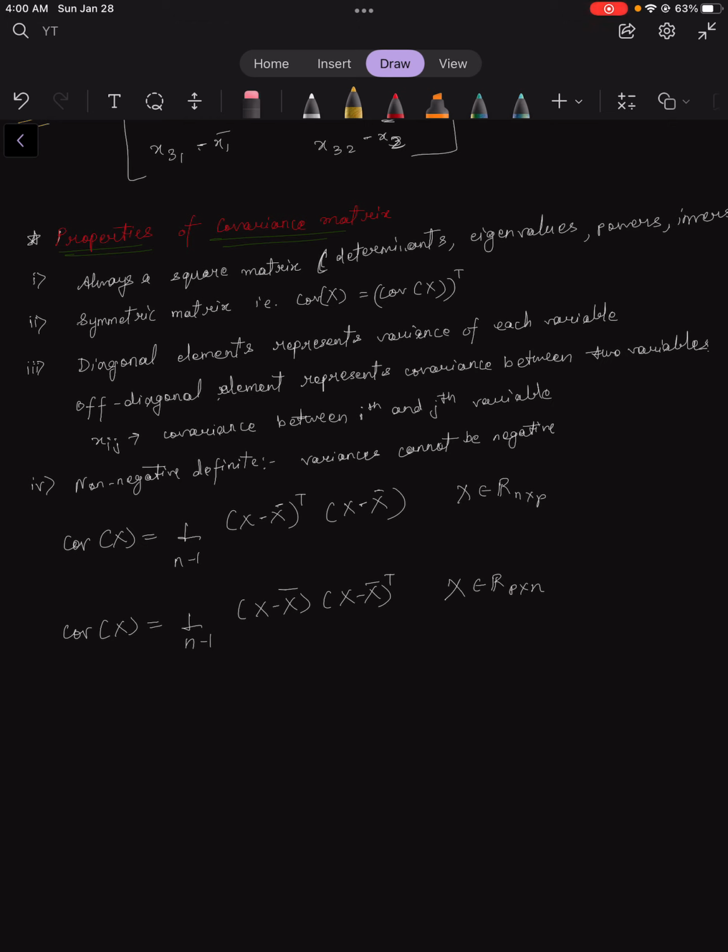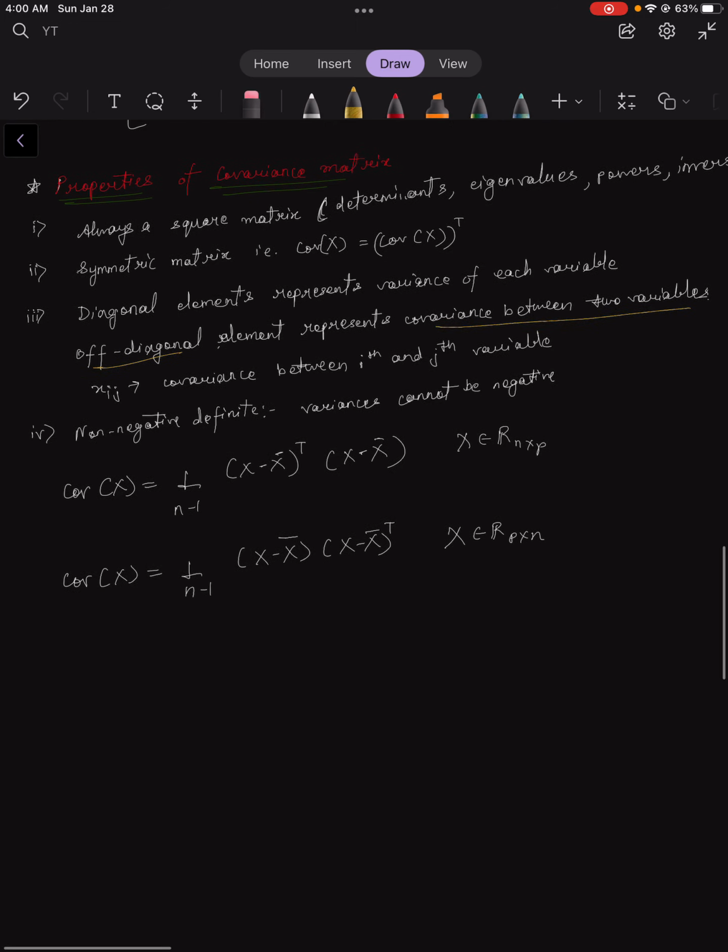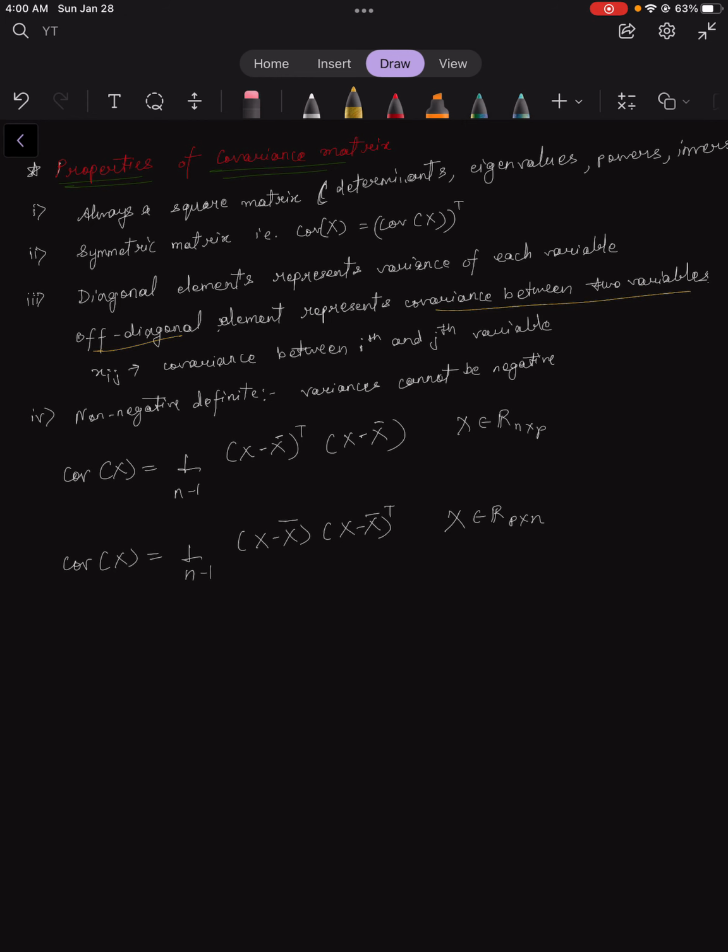The third property is that diagonal elements represent the variance of each variable. So the first element in the diagonal represents the variance of the first variable. Similarly, the second element of the diagonal represents the variance of the second variable. Off diagonal elements represent covariance between two variables. And the next property is non-negative definite, that is variances cannot be negative.